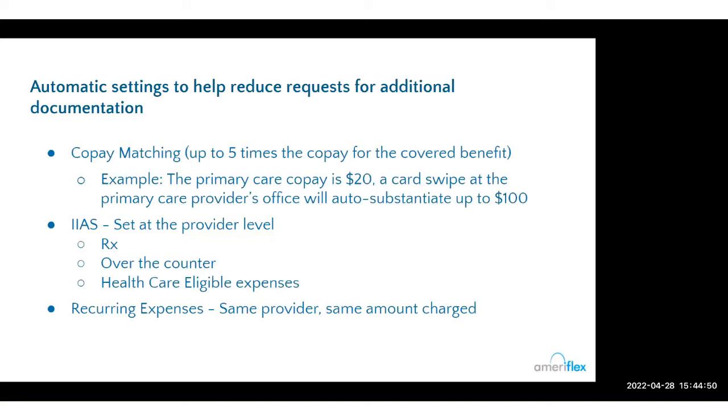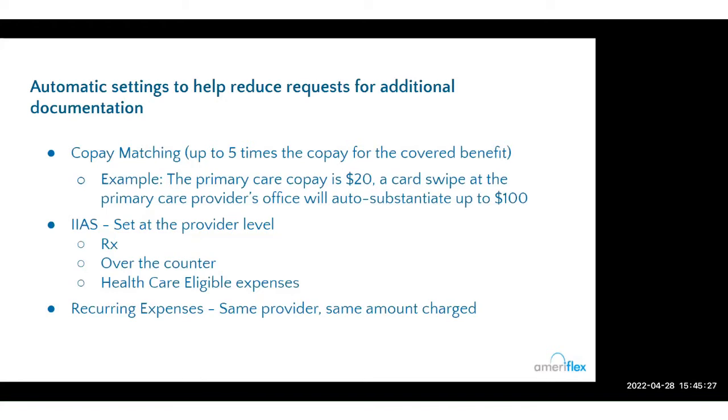One of those things is copay matching. What we have put in our system is all of the copays that are available to you. Giving an example below, you have a primary copay that's $20. If you go to your provider's office and do a debit card swipe for $100 because you have yourself and multiple dependents going to the doctor at the same time that you're going to have a copay for, our system is going to recognize that the card amount that you swiped is a copay matching amount.